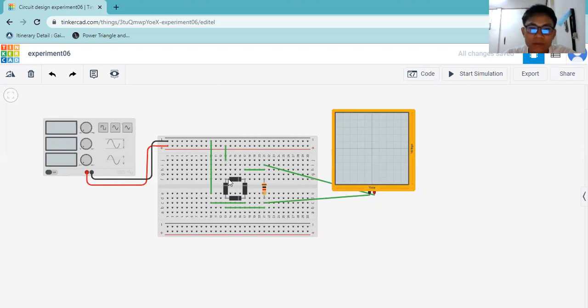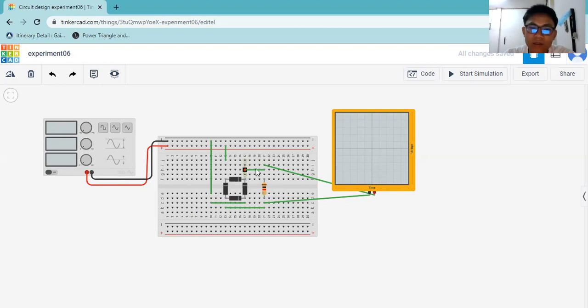So it comes here, and then the negative channel comes to the end of the connection of D2 and D3, and we have the resistor which is connected in between D1 and D2.